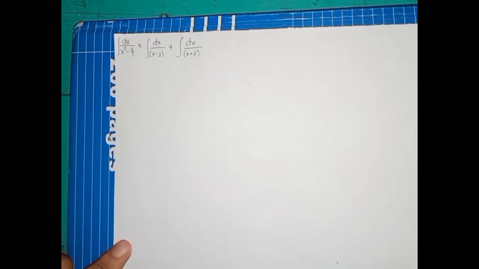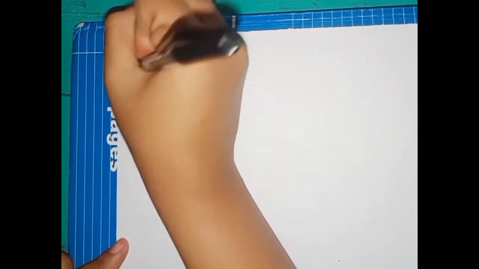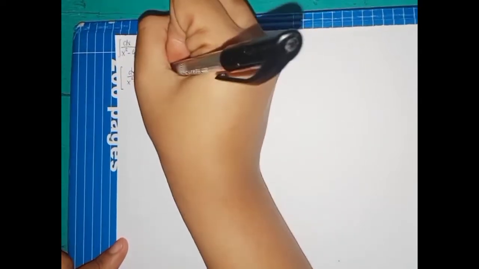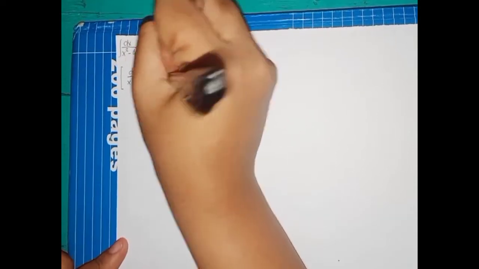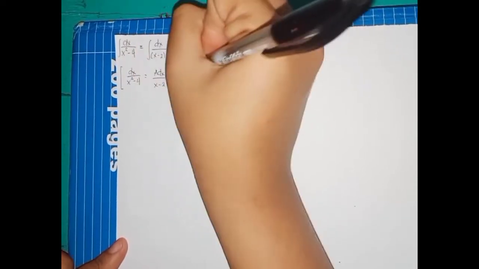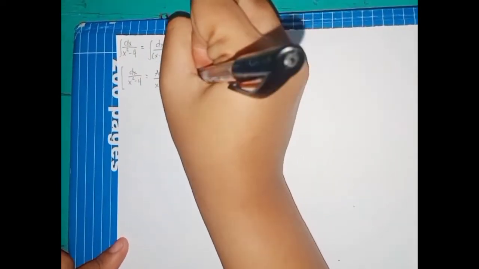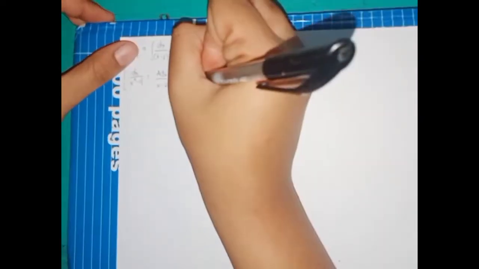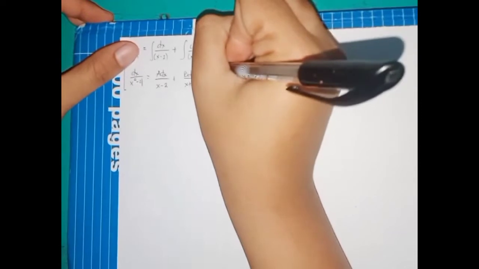We need to write it like dx over x squared minus 4 is equal to A dx over x minus 2 plus B dx over x plus 2.